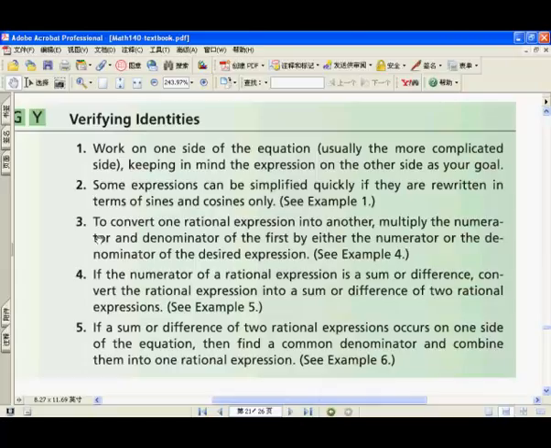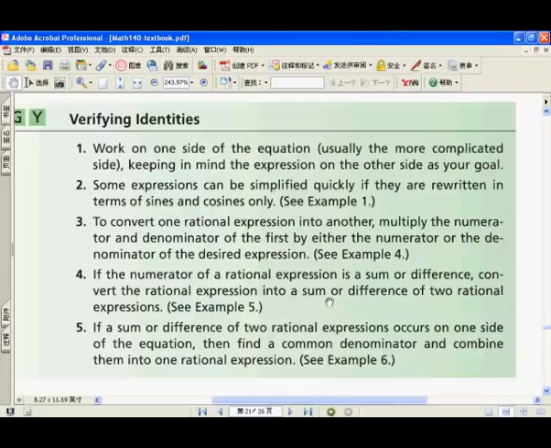And step 3, to convert one rational expression into another, multiply the numerator and the denominator of the first by either the numerator or the denominator of the desired expression. And we will see one example for this step 3 later. And step 4, if the numerator of a rational expression is a sum or difference, convert the rational expression into a sum or the difference of two rational expressions.